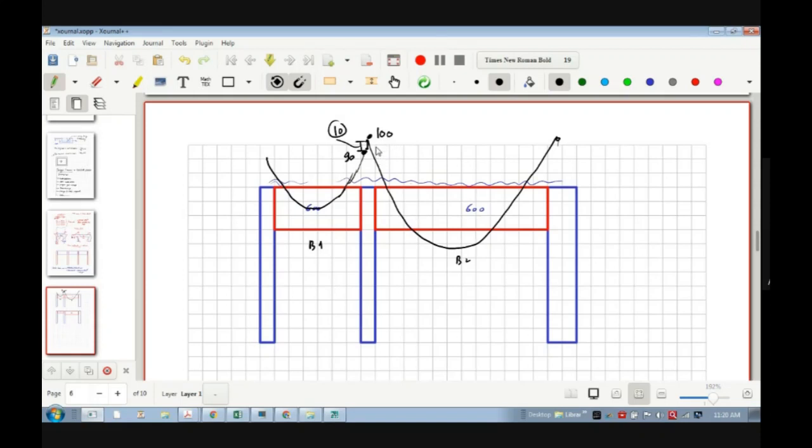So the difference between the two is 10, and all of you know that whatever unbalanced moment is there within the two beams, it will go into the column. So column में ऐसे moment आने वाला है ना. So this moment will be 10. Getting? This is my unbalanced moment. See, I assume that all of you understand the bending moments. So 100 minus 90, 10. So this is the case.